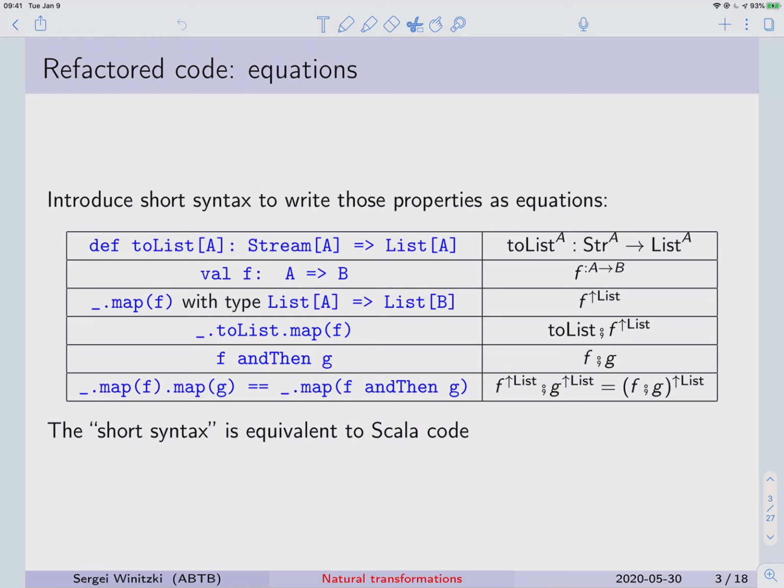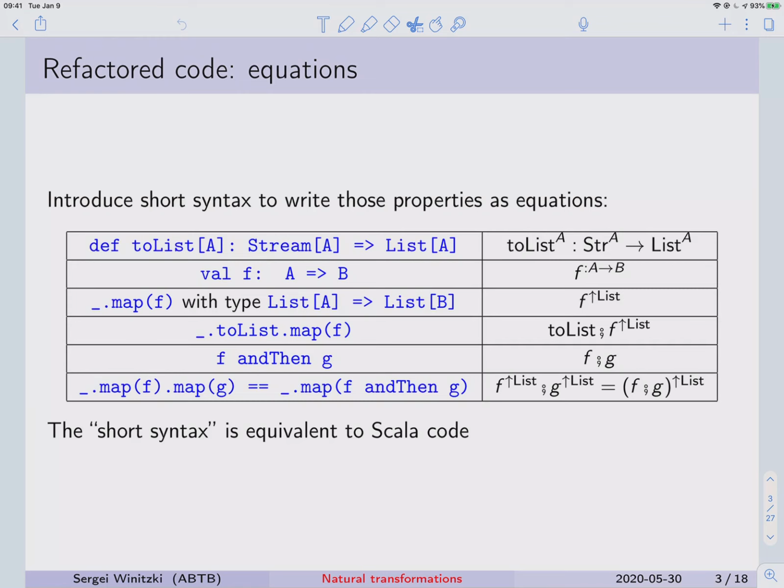If you only occasionally look at such equations, then it doesn't matter if you use short syntax or a long syntax. But if you work with those derivations a lot, then the shorter syntax will save you a lot of time. And this is the syntax that I'm using in my book, not necessarily the short syntax you can find in other books or tutorials.